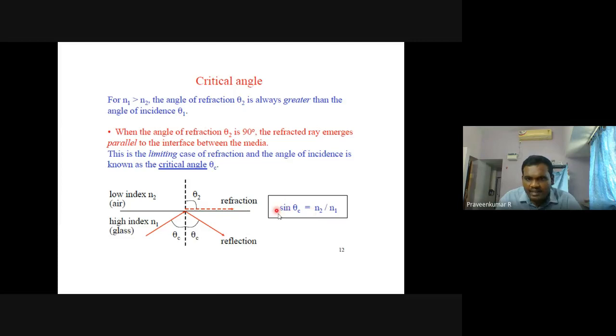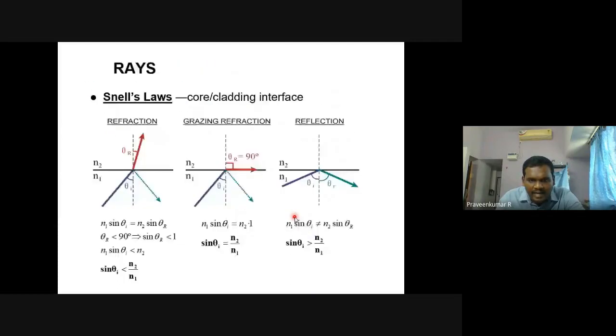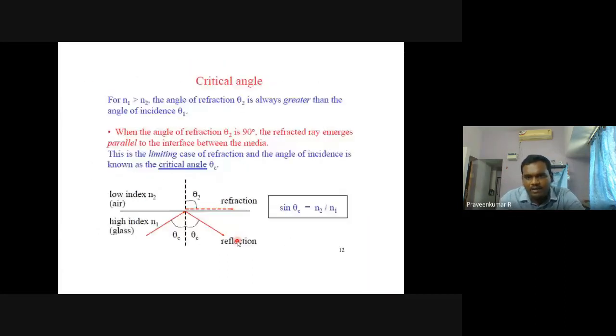We have a formula: sin theta I equals n2 divided by n1. This is theta I and this is the refracted angle theta r. If the refracted angle is 90 degrees, this theta I is considered theta c. So sin theta c equals n2 divided by n1. This is the idea of the critical angle.